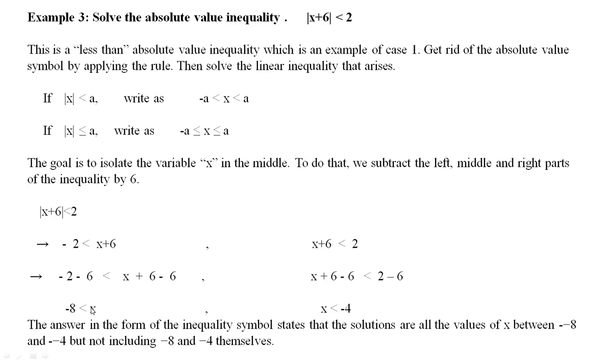Why? Because a greater than or less than sign is involved, so we cannot include them. We cannot write minus 8 and minus 4 in the solution set in our answer.